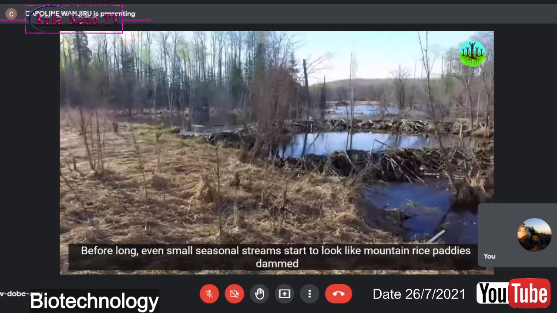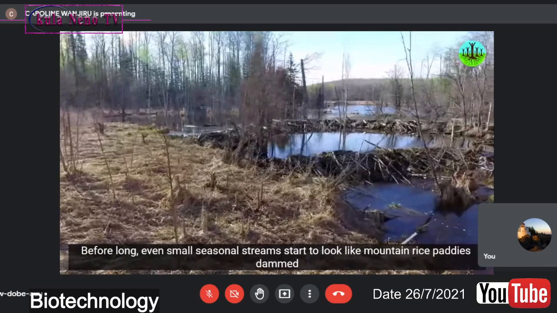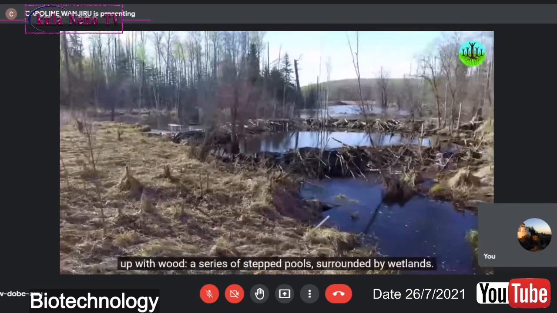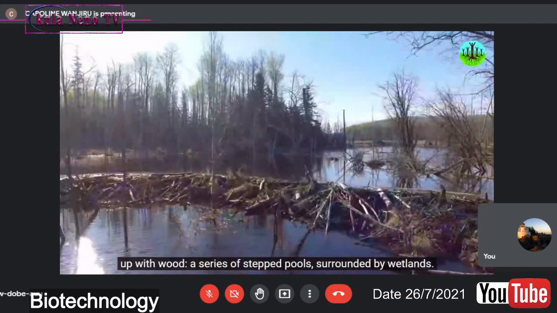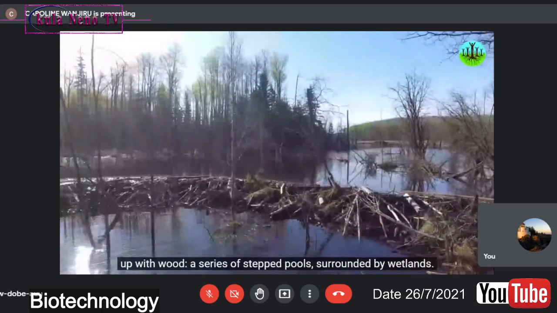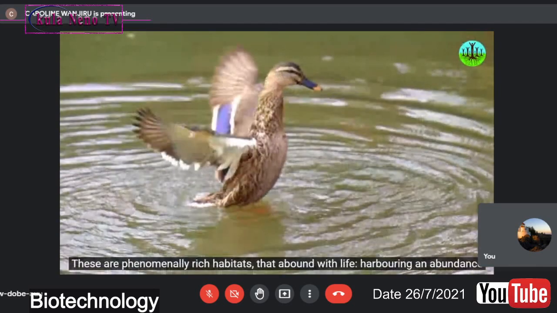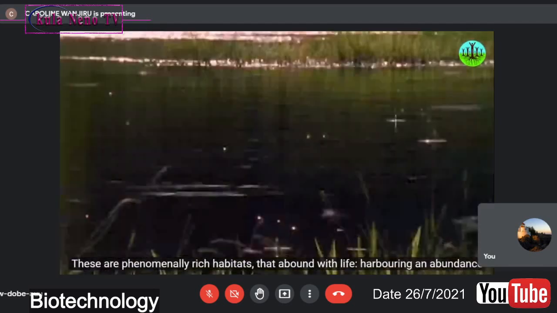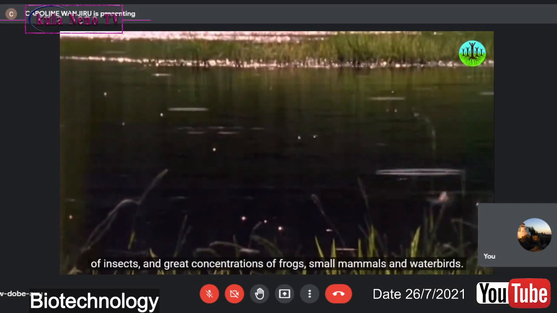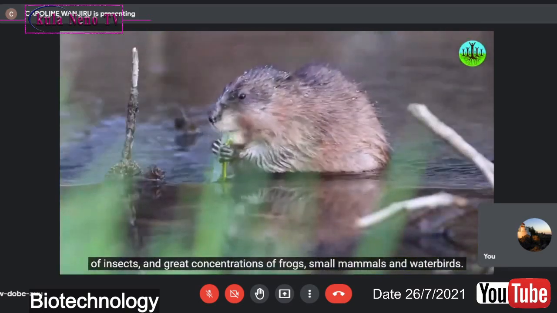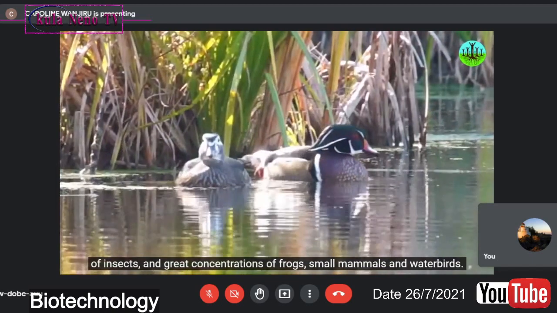Before long, even small seasonal streams start to look like mountain rice paddies dammed up with wood, a series of stepped pools surrounded by wetlands. These are phenomenally rich habitats that abound with life, harboring an abundance of insects, great concentrations of frogs, small mammals, and water birds.